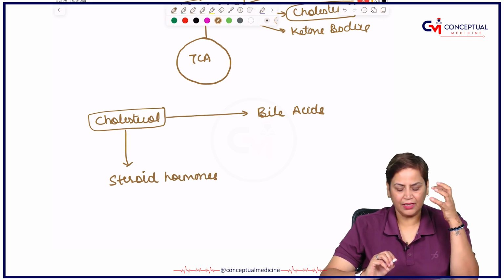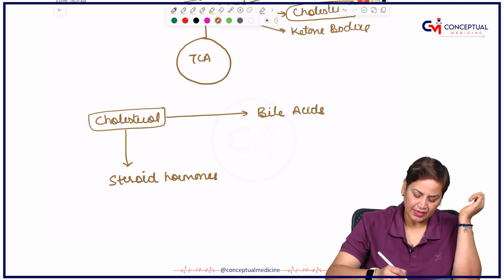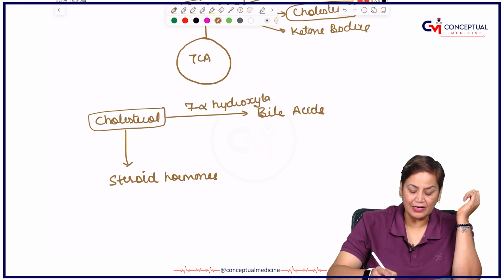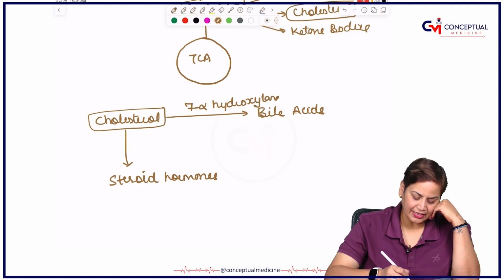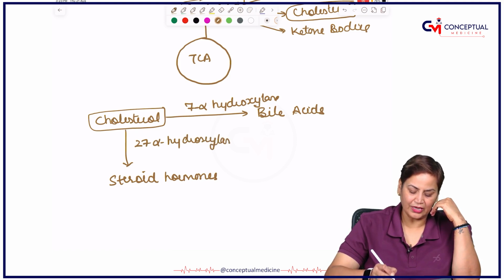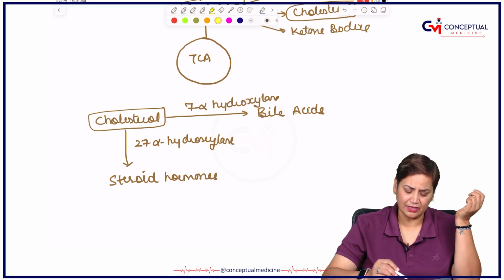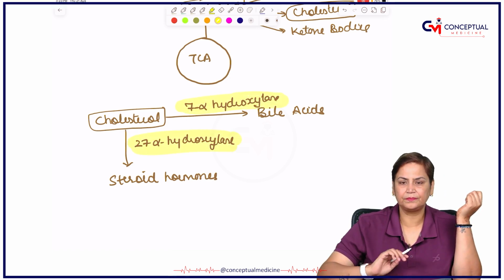Okay, and the basic thing is, what are the enzymes? So always remember, 7-alpha-hydroxylase enzyme will divert cholesterol to the formation of bile acids, and 27-alpha-hydroxylase will lead to the synthesis of steroid hormones. Because whenever we talk about any biochemical reaction, the enzymes play a very important role.